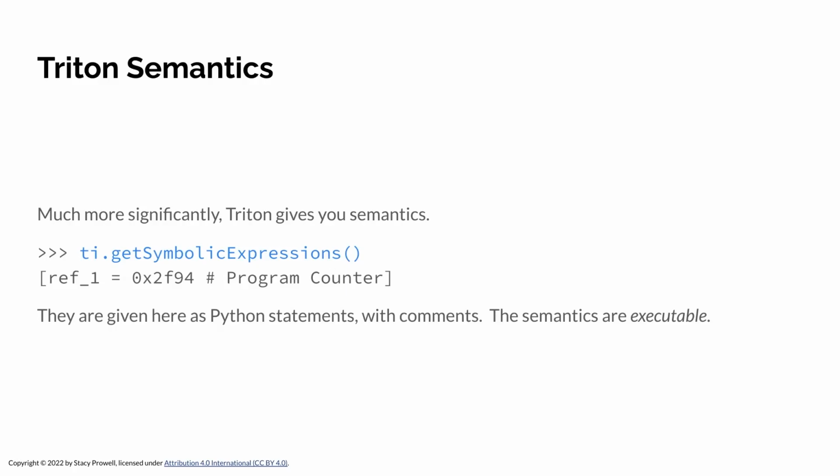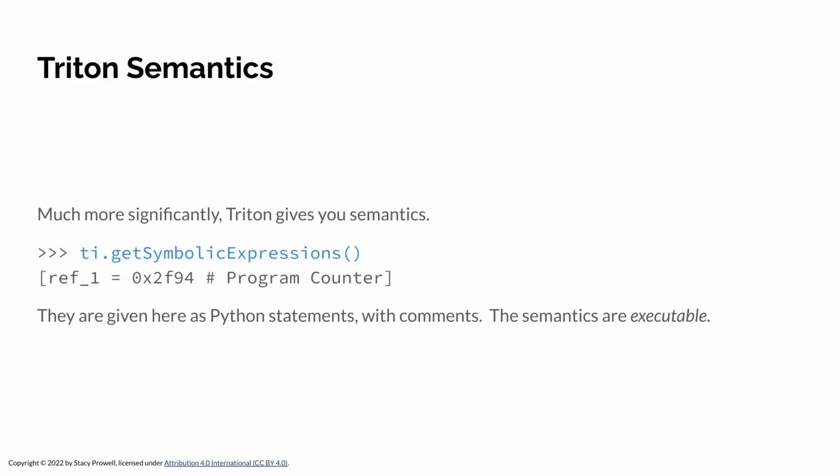But more significantly, I can get semantics. So if I ask what are the semantics of ENDBR64, it says it advances the program counter. And that's true. That's interesting. But notice what it does. It tells me that ref1 is a new value for RIP.